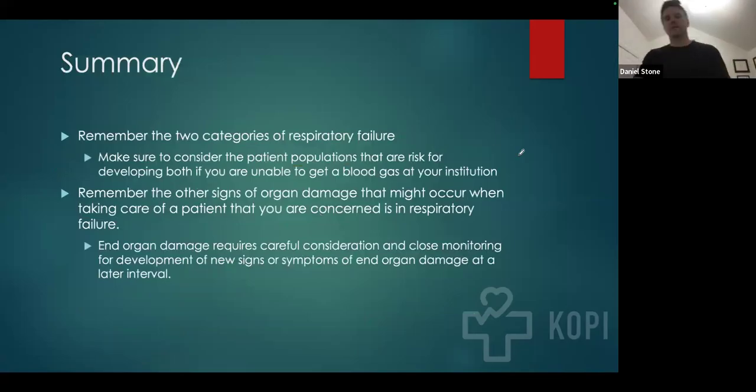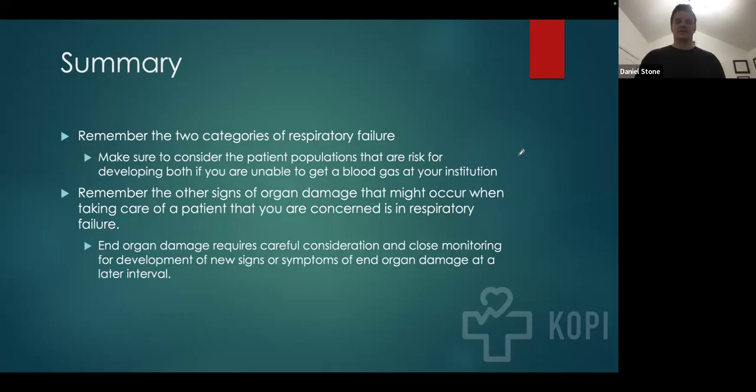So this is a pretty easy summary. We talked a lot about end organ damage. We talked a lot about type 1 and type 2 respiratory failure. Remember that there are two categories and that they both exist on a spectrum as relates to lower respiratory tract infections, edema, things that can cause respiratory failure. Remember what the minute ventilation is.